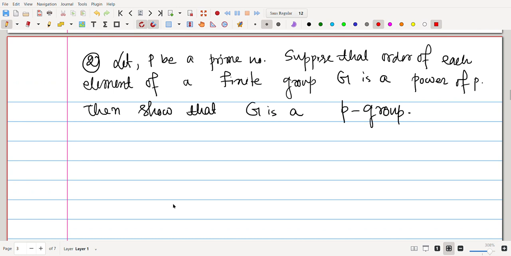Let P be a prime number. Suppose that the order of each element of a finite group G is a power of P. Then show that G is a P group.